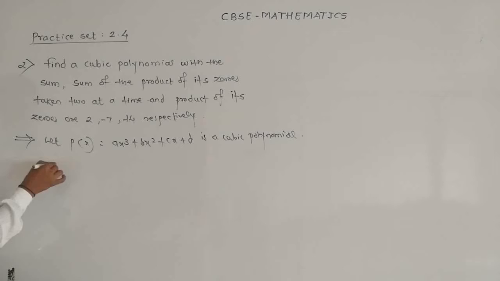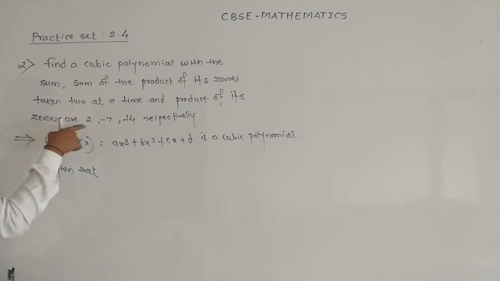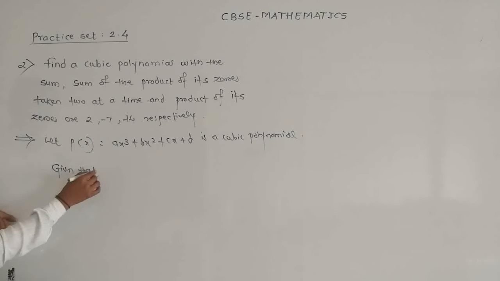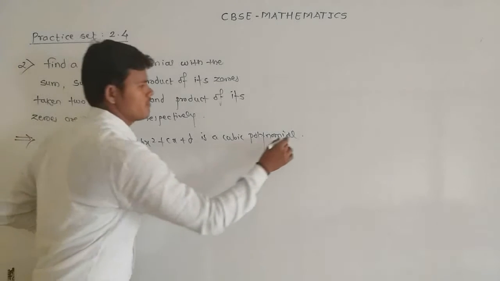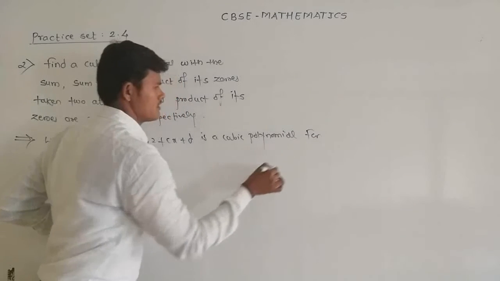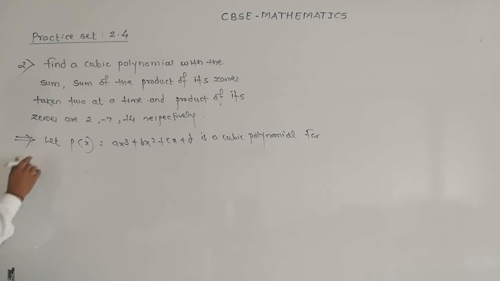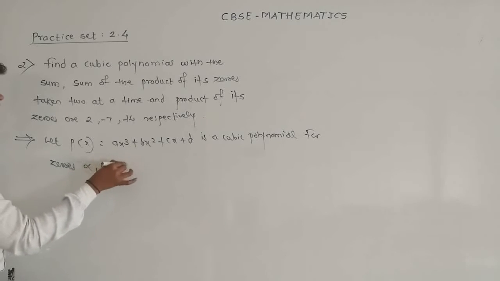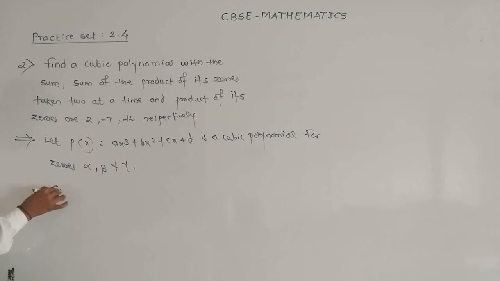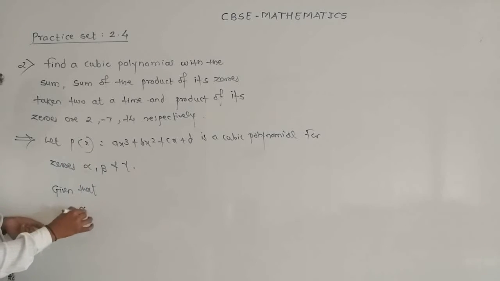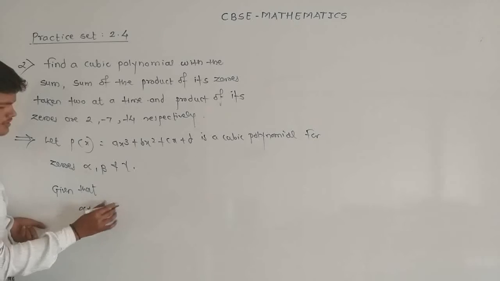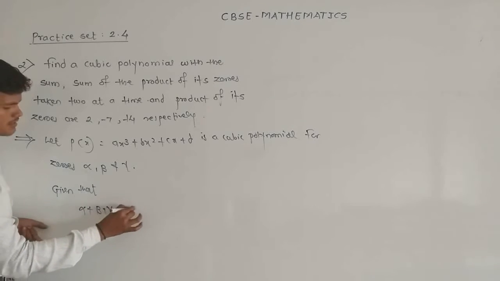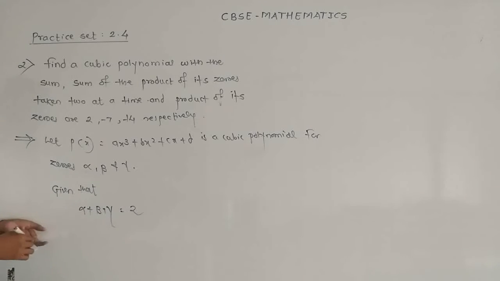Now, given the cubic polynomial with zeros alpha, beta and gamma, the sum of zeros, that is alpha plus beta plus gamma, is equal to 2.